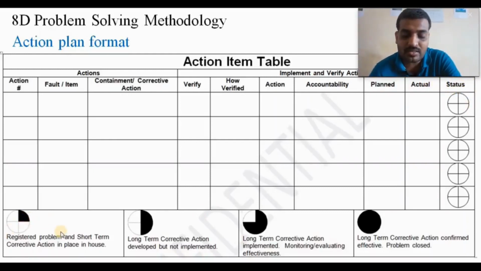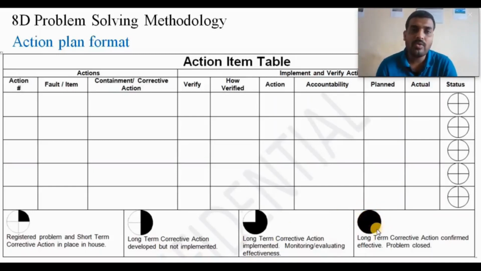Three quarters means the long term corrective actions are also implemented and effectiveness is being tracked. If all the quarters are filled, the long term corrective actions are confirmed effective and the problem is closed. This is a status like PDCA.